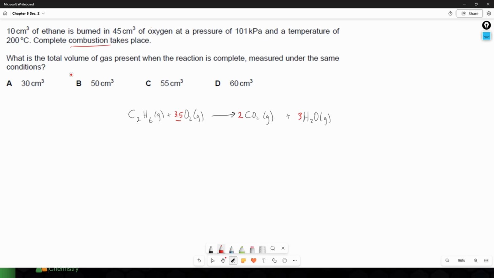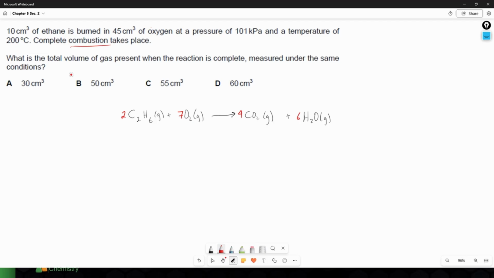But what we can do is, because that's 0.5, we can multiply all of these coefficients times 2. So we get 2C2H6 plus 7O2 makes 4CO2 plus 6H2O.